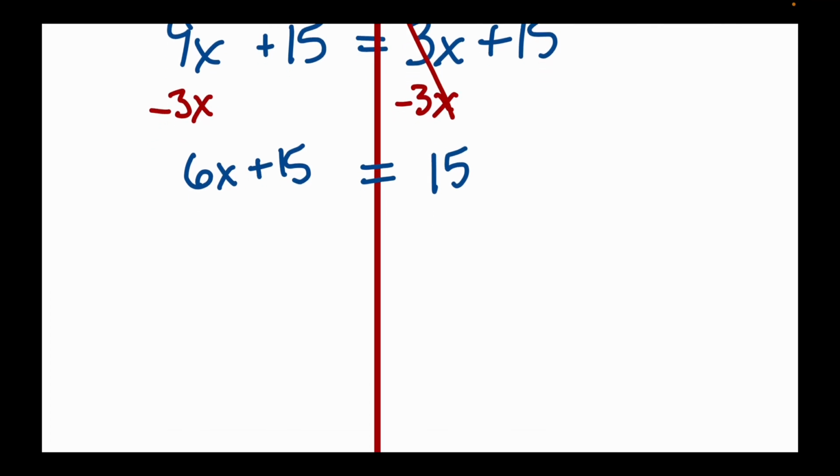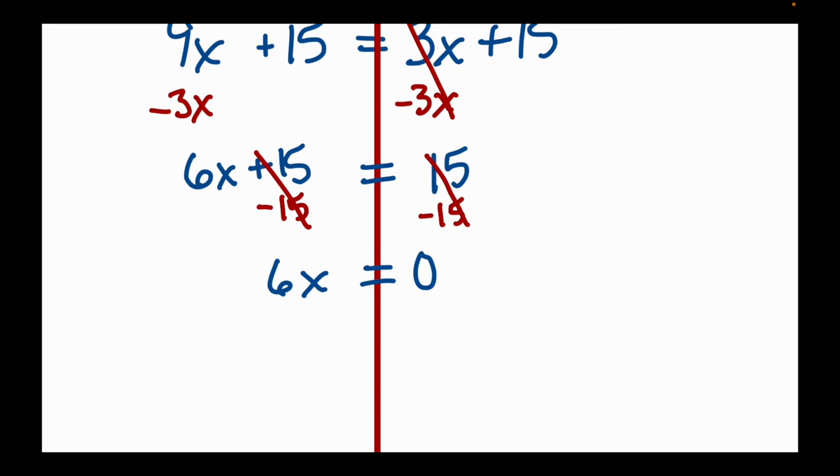Now let's subtract 15 from both sides, because I want to get rid of this one here on the left. And if I subtract 15 over here, this one is also going to go away. So we'll just end up left with 6x is equal to 0, because when we subtract and the numbers are opposites, we're just left with 0.